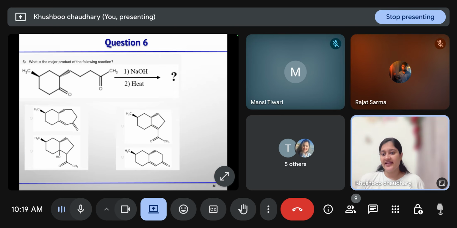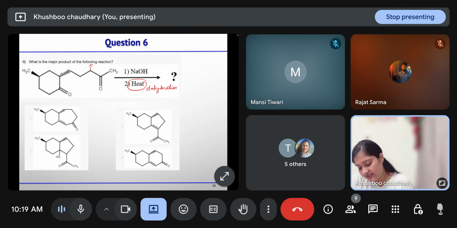Okay. Then the next question is, what is the major product of the following reaction? So you have this diketone and you are treating it with base and then heating it. Heating it means dehydration. Whenever we are using higher temperature, the dehydration product is the major product. So base will abstract the proton.